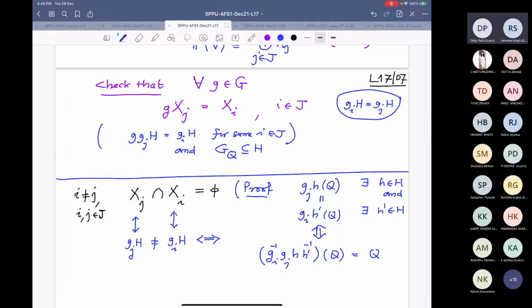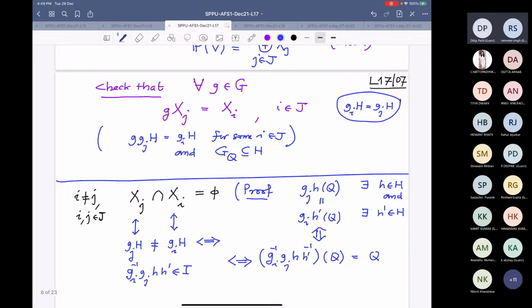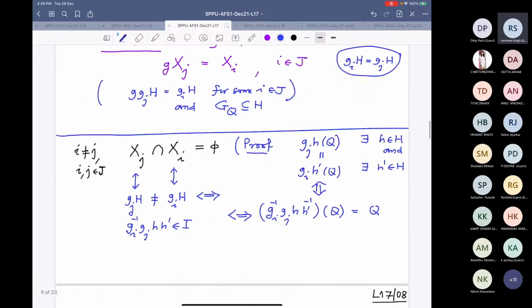But this means what? This is equivalent to saying this element is in the stabilizer. So that is Gi inverse Gj h h prime inverse belongs to GQ. This is in GQ.